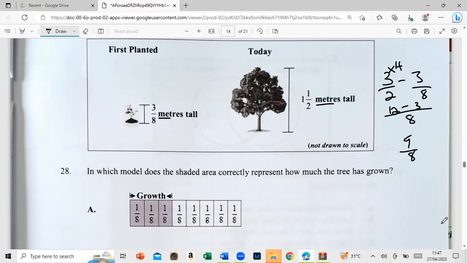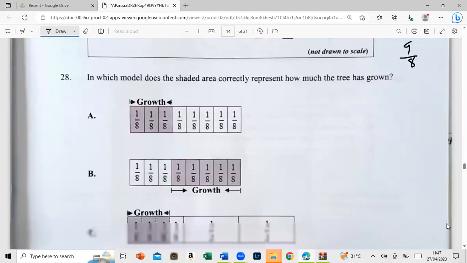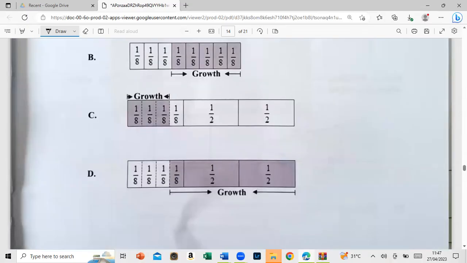I wonder if I made an error, because if I subtract 3/8, you're supposed to get 6/8, but I'm not getting that. But in terms of the growth, it would be more or less this. 1, 2, 3, 4, 5. I'm thinking it should be 6. Why am I thinking it should be 6?